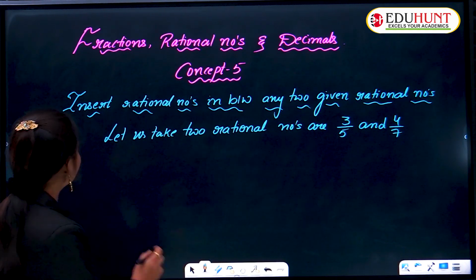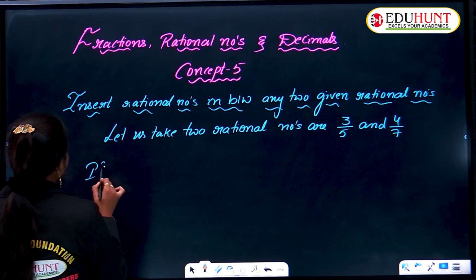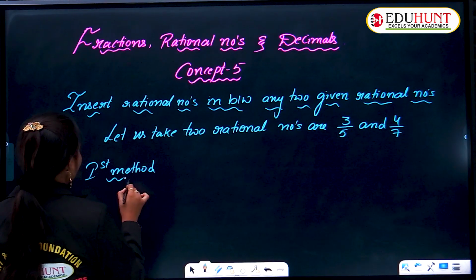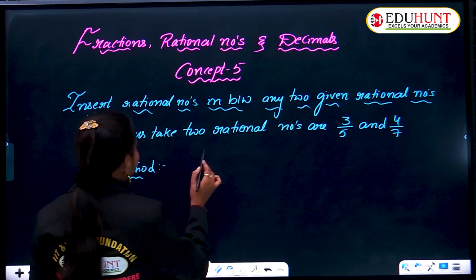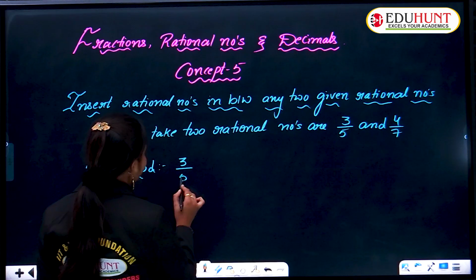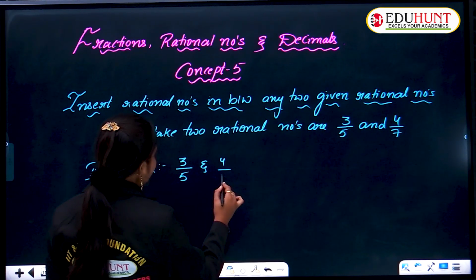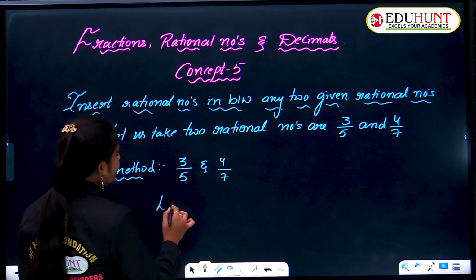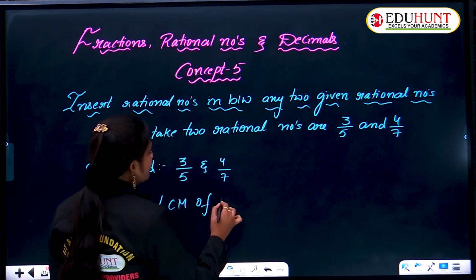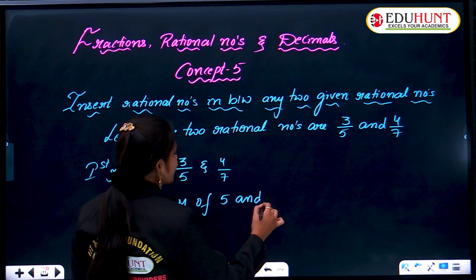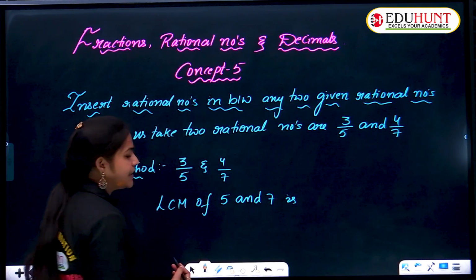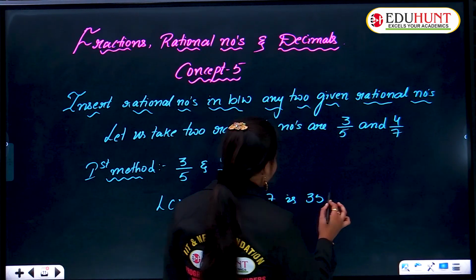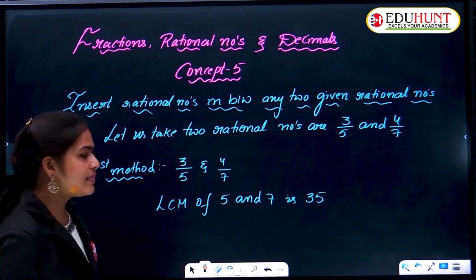Now the first method is by taking the LCM. The given rational numbers are 3 by 5 and 4 by 7. First take the LCM of the two denominators. The LCM of 5 and 7 is 35.